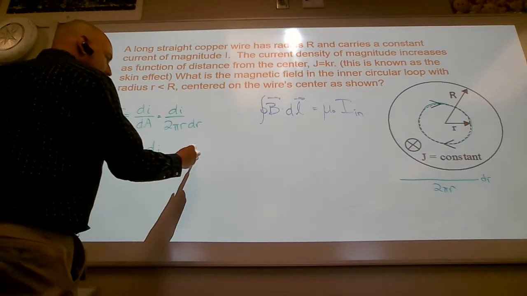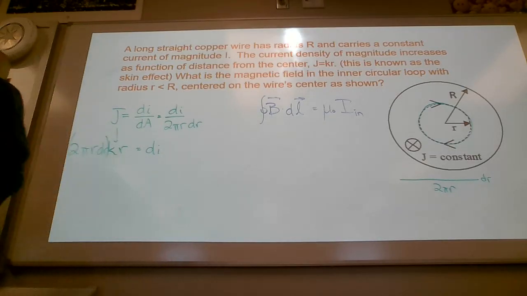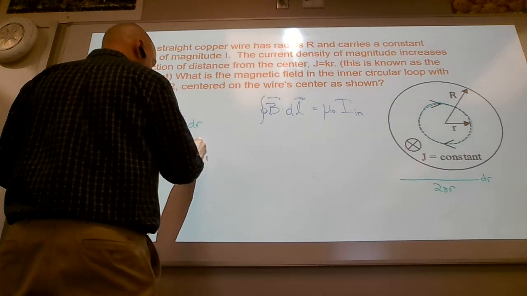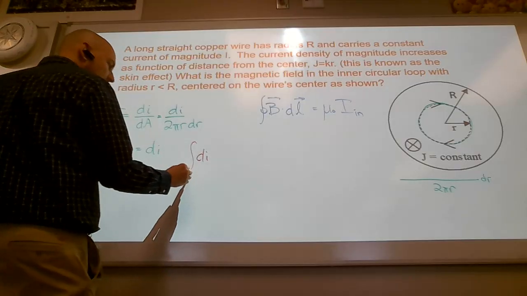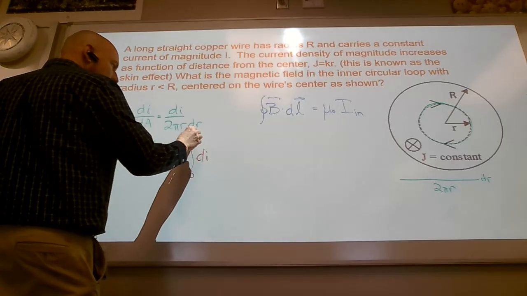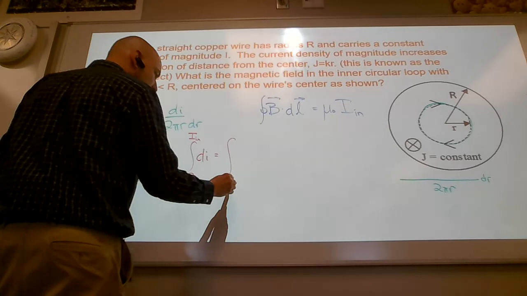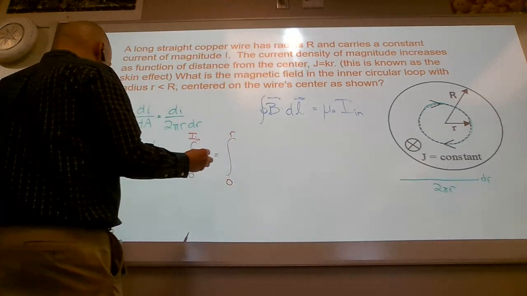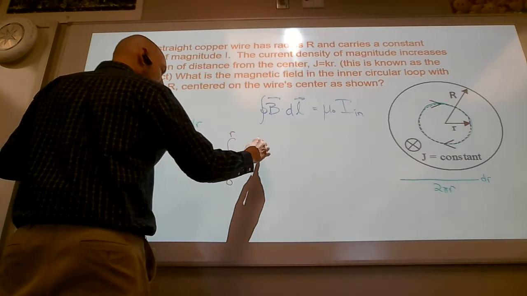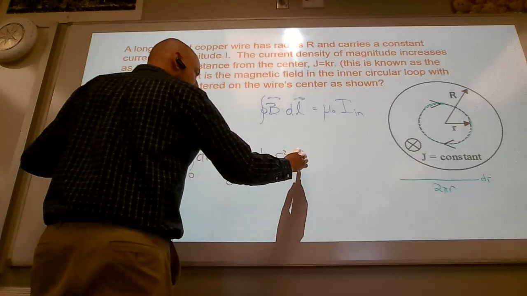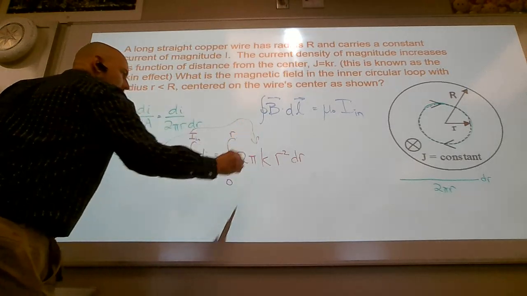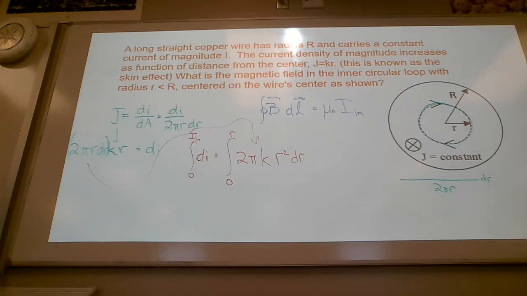So, let's do a different color. I need to set the integral up, dI going from 0 to the enclosed current, which is the integral from 0 to lowercase r of 2 pi k r squared dr. Yes?